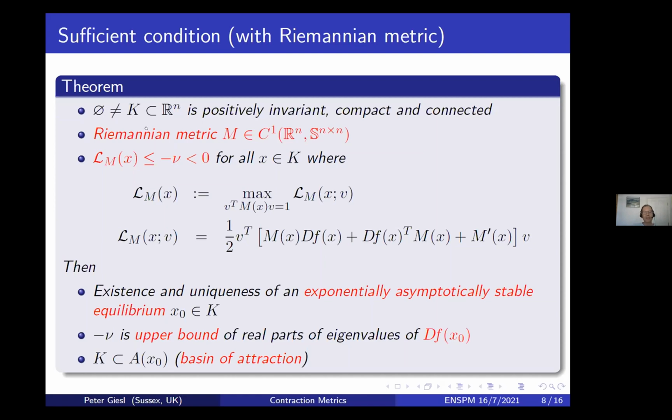The other additional ingredient you need is that this holds in a set K, and we assume that K is positively invariant, compact, and connected. If this holds for all points in K, then there is one and only one equilibrium in K, which is exponentially stable, minus nu is the upper bound on the rate of attraction, and the set K lies in the basin of attraction.